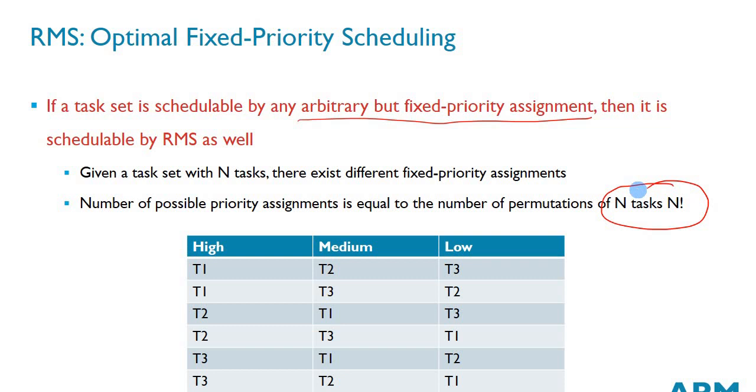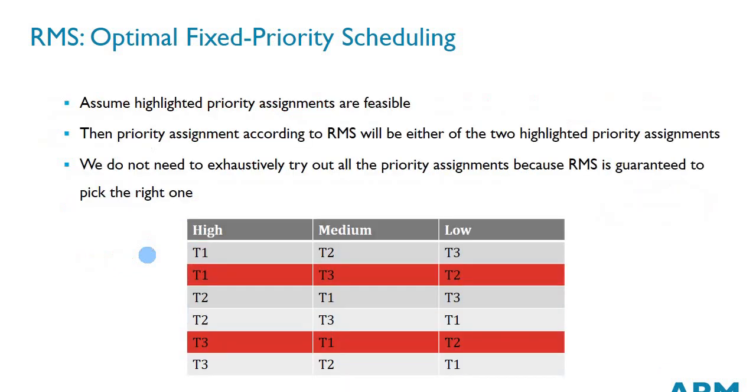Given these three tasks, T1, T2 and T3, if I randomly allocate them to different levels of priority and analyze the behavior, and I am able to get at least one of them to be schedulable, then we can say that one of them will definitely be RMS.